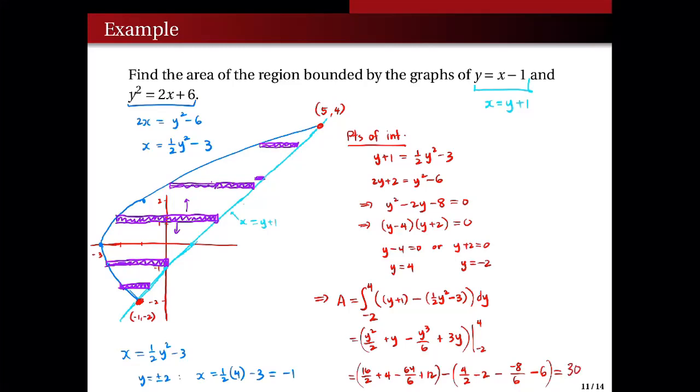And then we have minus 64 over 6, minus 8 over 6. So minus 64 minus 8, that's 72, and then minus 72 over 6, that's 12. So we have minus 12. So this is equal to 18. So the area is 18 units squared.